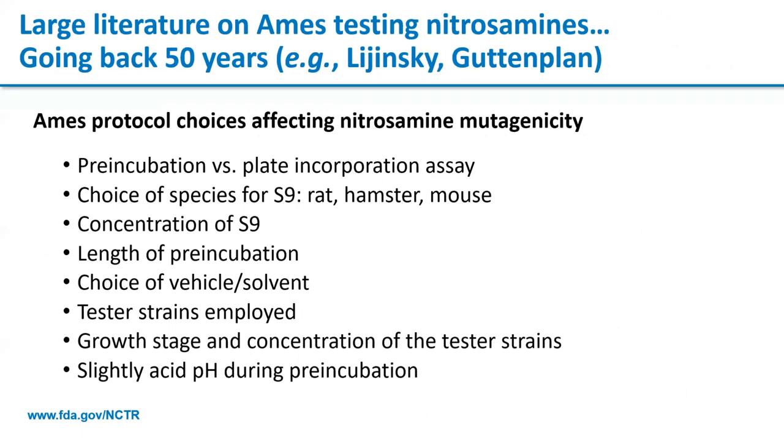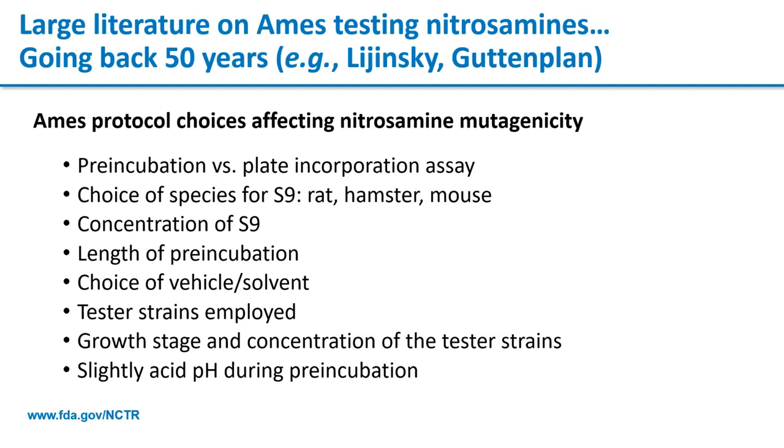So as Bob also said, people have been studying nitrosamines for quite a long time, going back 50 years to the beginning of bacterial mutagenicity testing. I like to refer to a paper by Heinrich Balling that was published in 1971 that, as far as I know, was the first paper that indicated the use of S9 for activating a pro-mutagen to something that was mutagenic in bacteria.